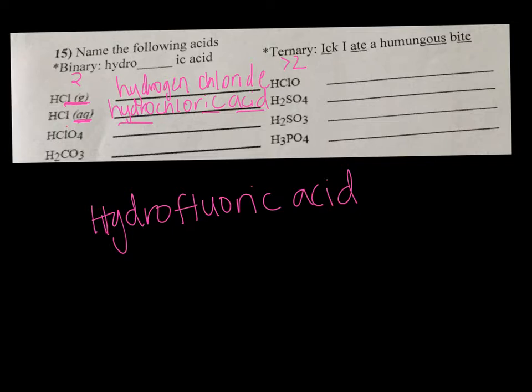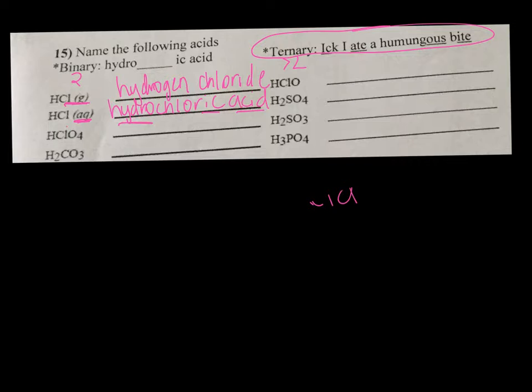Your ternary is when it gets a little more confusing, okay? In that one, you're going to be dealing with your polyatomic ions, which, once again, I'm going to cover on the next page on how to memorize them. Otherwise, you should just have a picture or your little list of your polyatomic ions.